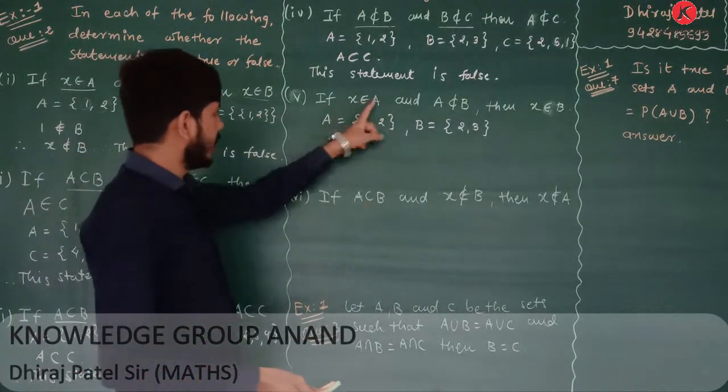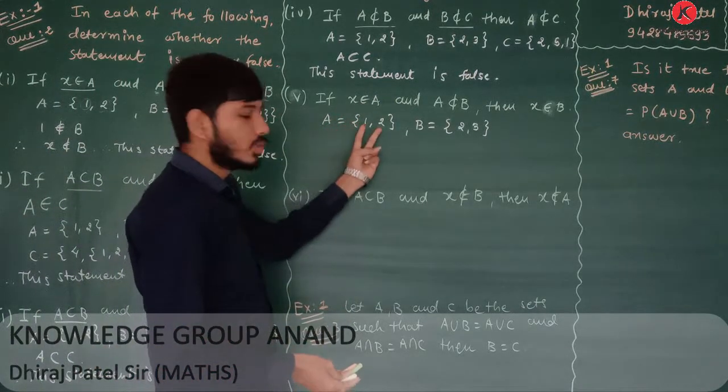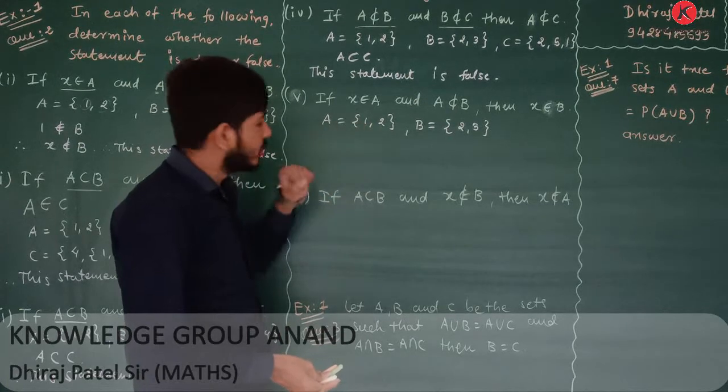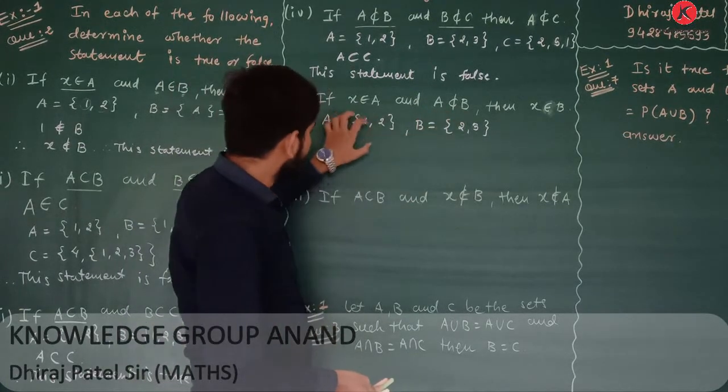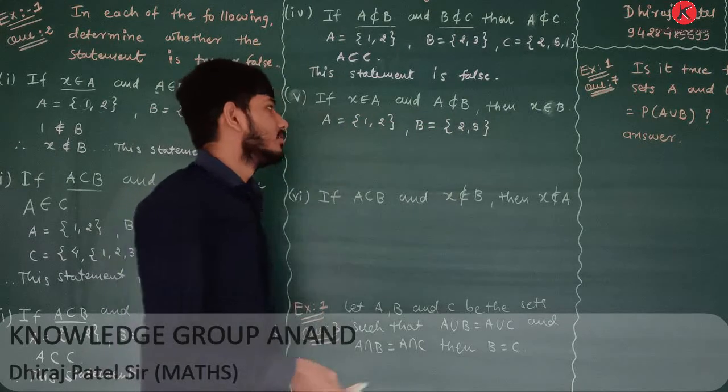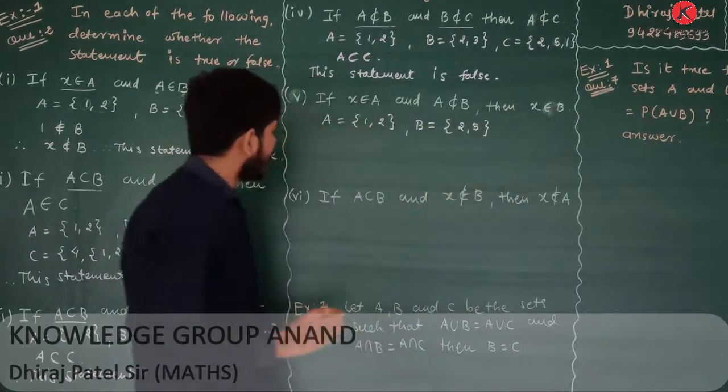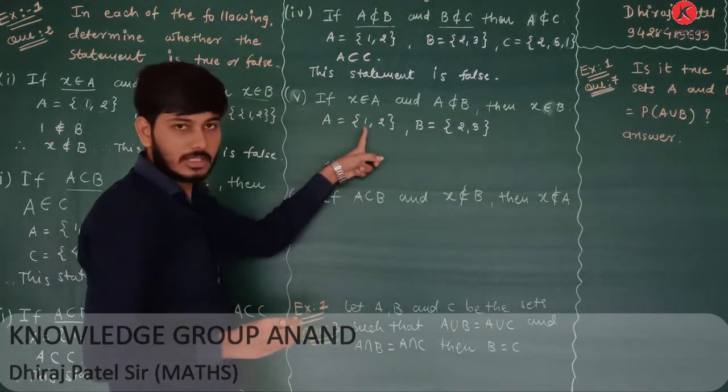Let x belong to A. Let us take x as 1 or 2. A is not a subset of B means not all elements of A are in B. Then x belongs to B. Suppose I am taking 1 as x.